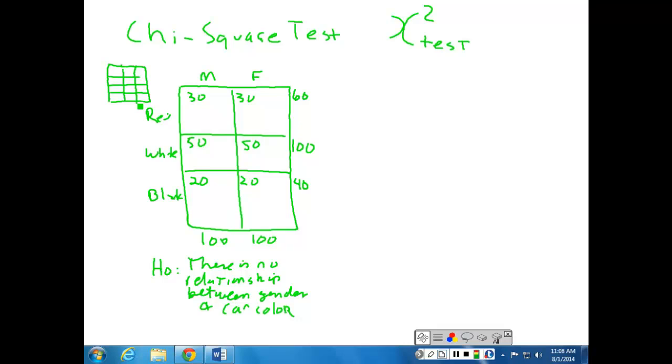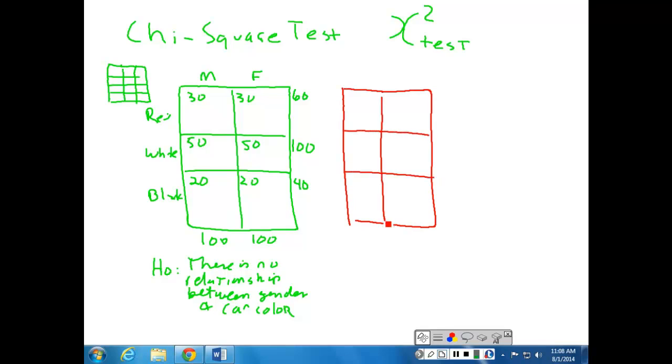So now let's say that we went out and we collected some data, and that this is what we observed now. Of course, this hasn't changed. The cars are still in the parking lot, and there's still 100 males and 100 females. But now, I sit out the window and watch people get in their cars, kind of like a spy game or something. And so I observed this.